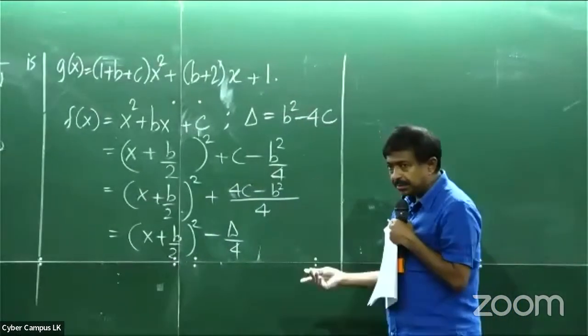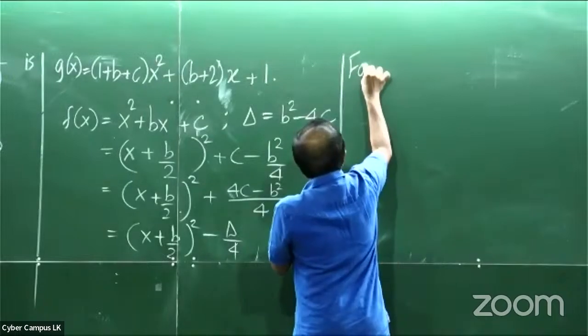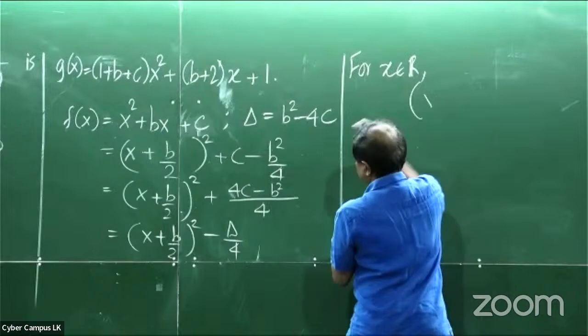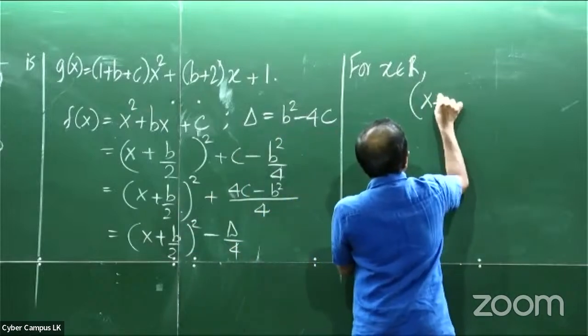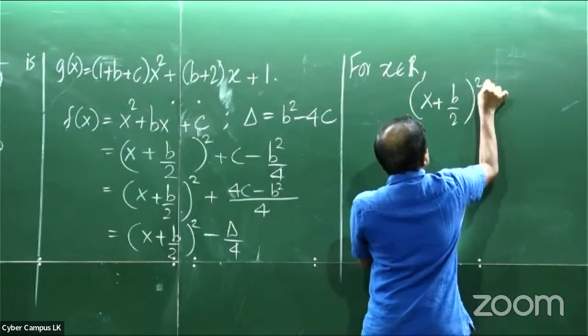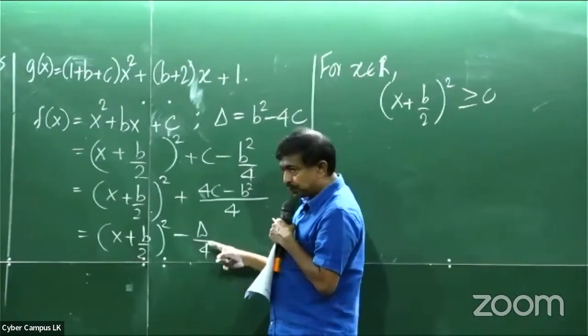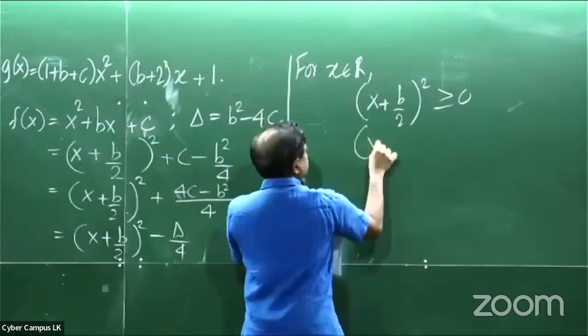Right. Now, you have to go through this argument. For all real values of x, or at least for x in R, you can write this square, which is greater than or equal to 0. Now subtract delta over 4 from both sides.